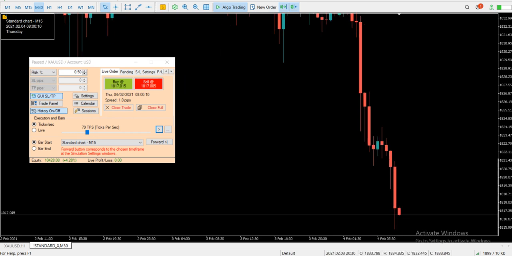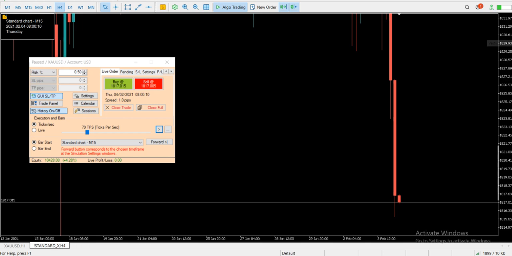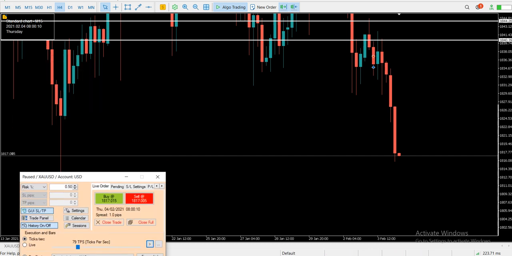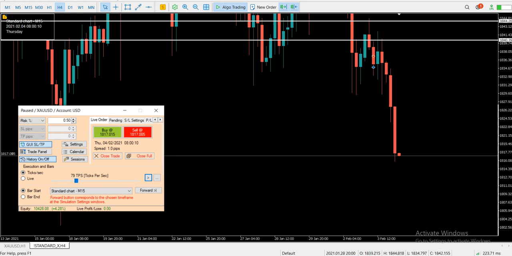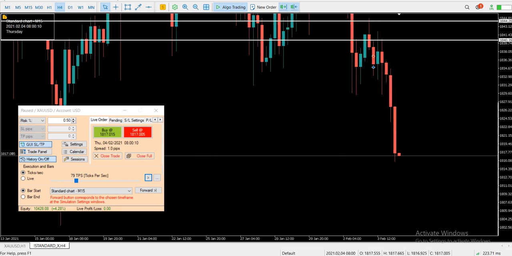Okay, again, I'm at 8 o'clock pre-London time, and we are pushing down very heavily. Bearish, bearish, bearish, bearish. So I would say maybe there is a chance that the current candle could go bullish.